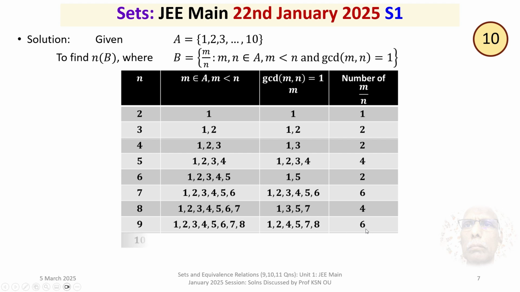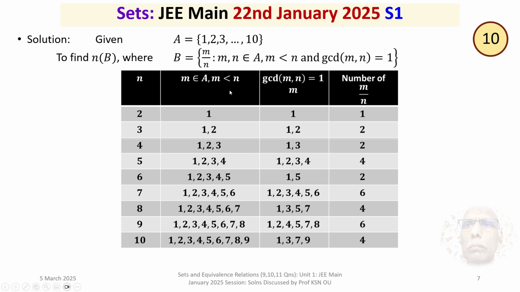So, lastly, we go to n is equal to 10. And what are those elements of A which are less than 10? 1, 2, 3 up to 9. And what are the elements which are relatively prime with 10? 10 comma 2 is not. 10 comma 4 is not. 10 comma 5 is not. 10 comma 6 is not. 10 comma 8 is not. So, the remaining are 1, 3, 7, 9.